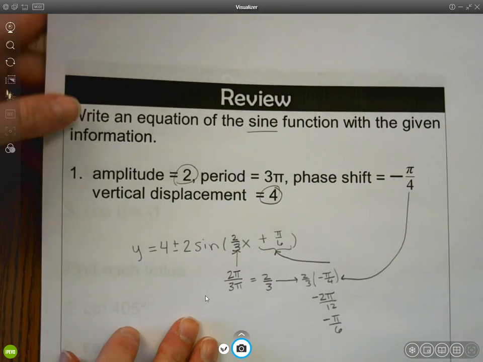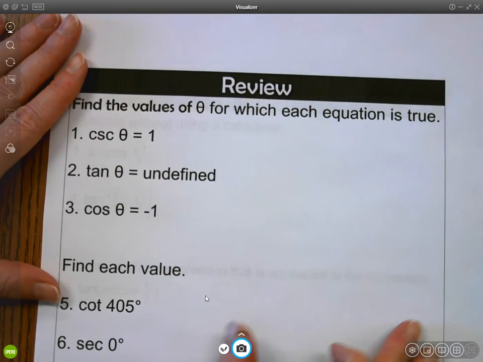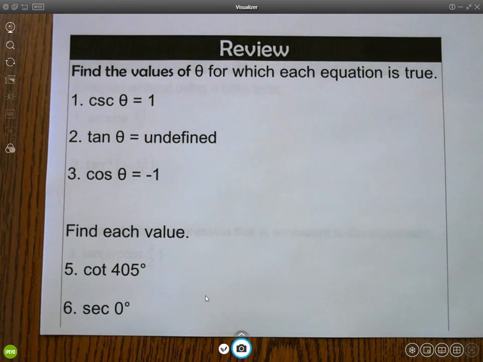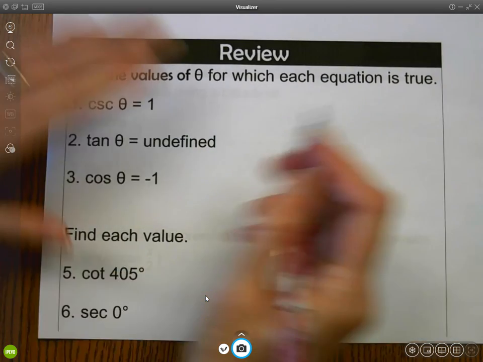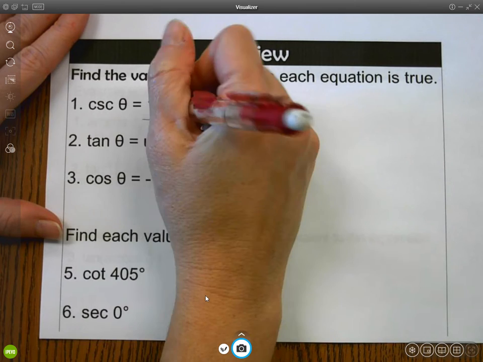All right. So the next thing that we need to make sure that you know is, can we answer questions like this? We want to know when cosecant is 1. So think about your graphs. Honestly, that's where this is supposed to be coming from. The cosecant graph is a reciprocal of sine.